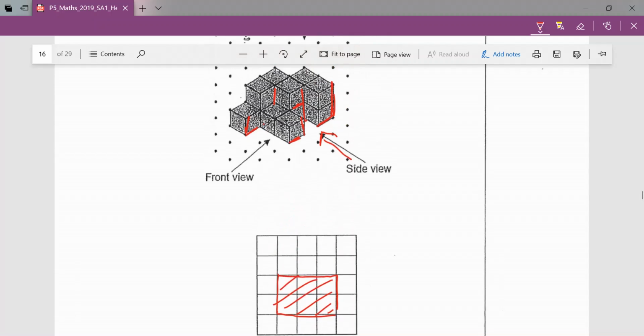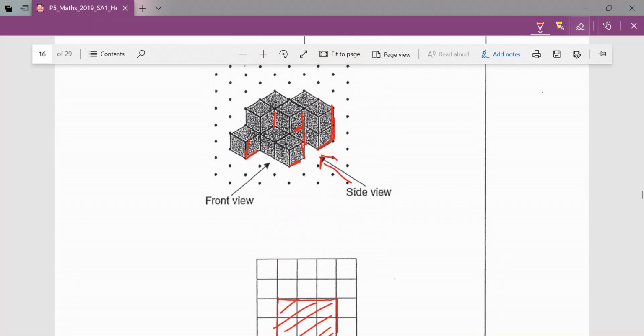Okay, let's draw it again. If you still feel confused, you're gonna have 1, 2, 3, and 4 here. Alright, and it is going to be 2 layers high.